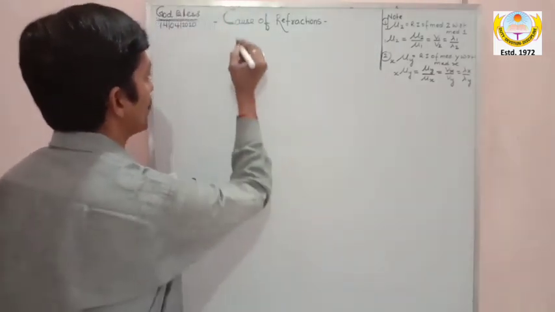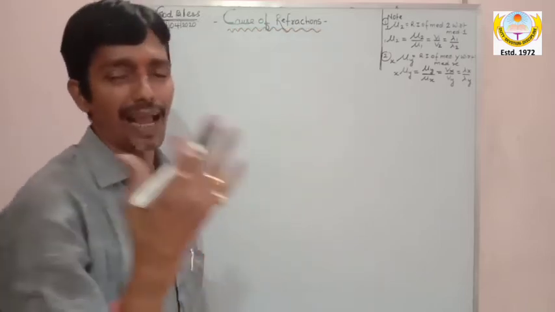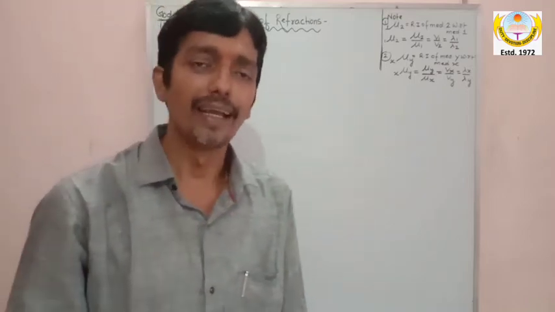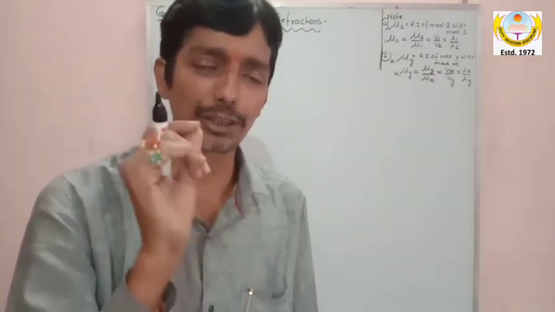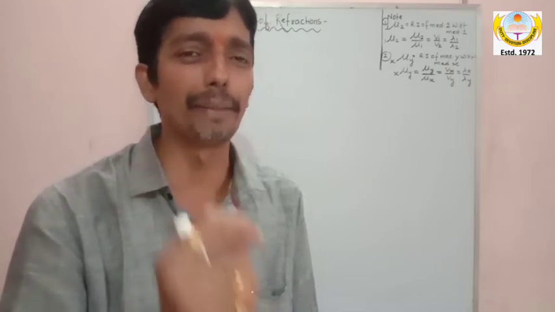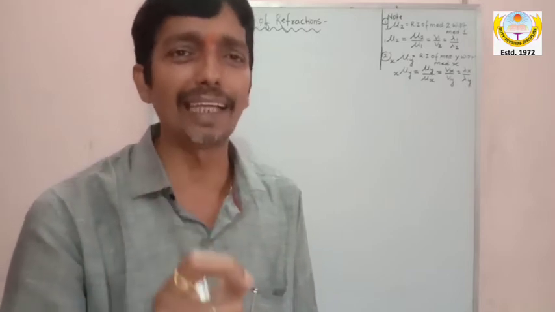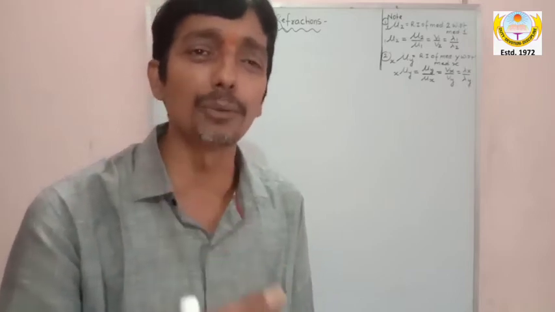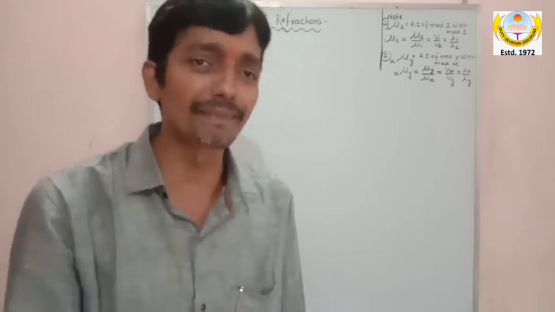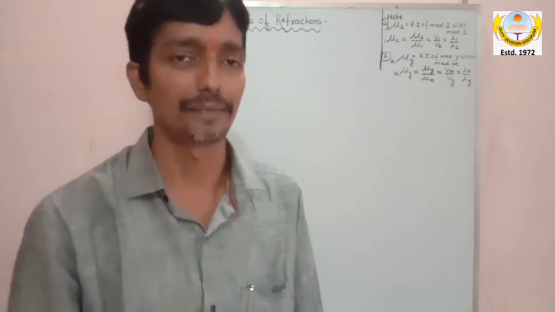Now my dear, let's go to the topic cause of refraction. What causes refraction? Why does refraction happen? The short answer is, sir, the speed of light in different media is different. Since the speed of light changes when it goes from one medium to another medium, because of that, refraction occurs.